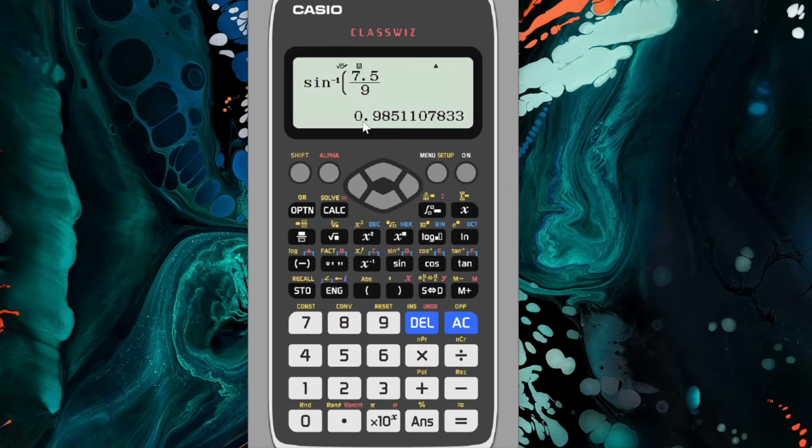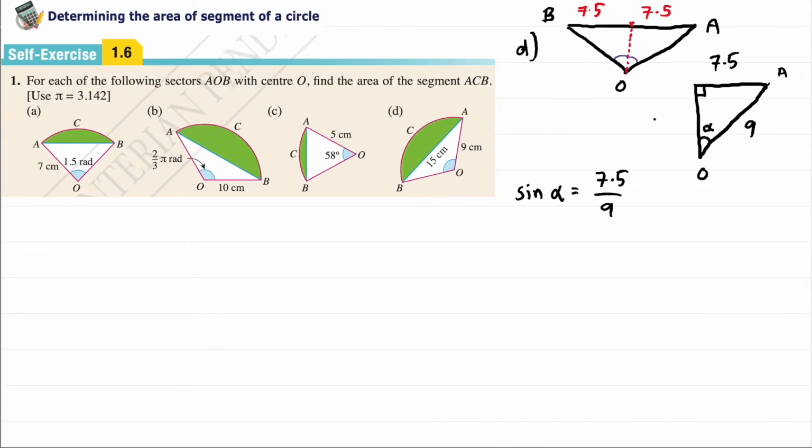This 0.985, take note, is the angle in radian. Okay, so when you press this, you get 0.985 in radian, because you already chose your mode in radian. So you are on the right track. Okay, so alpha here is half, but we need the full angle.